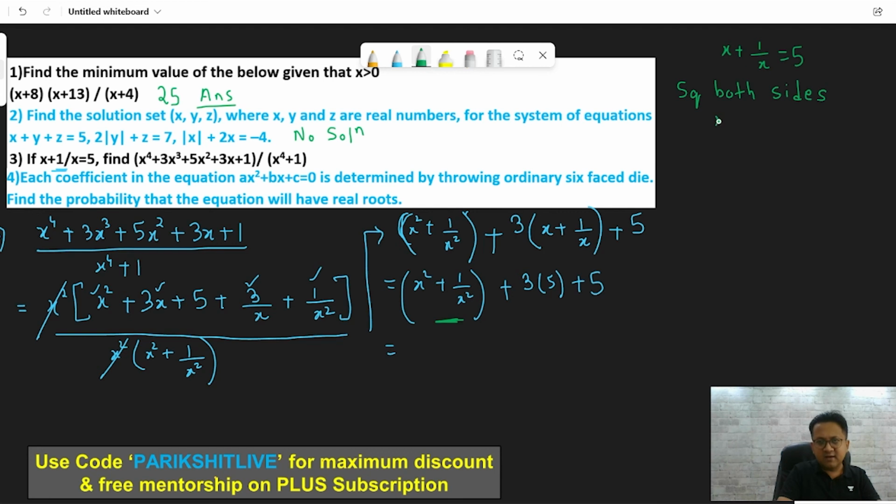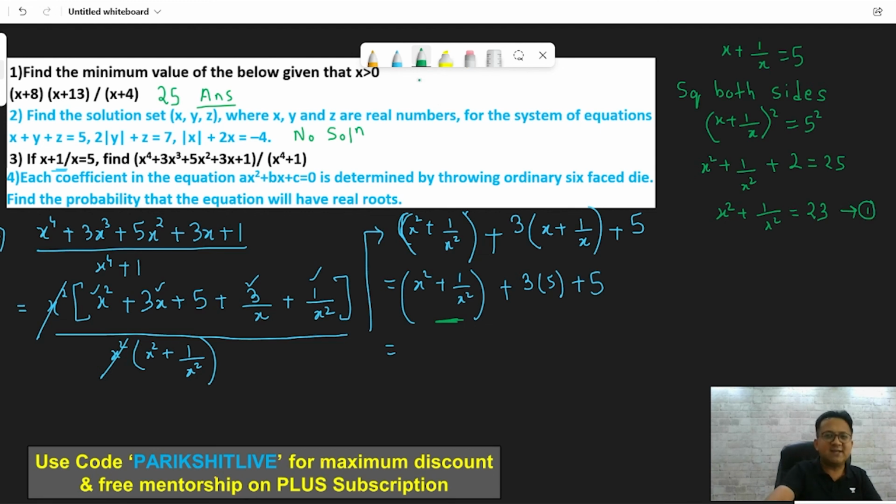You get x plus 1 by x whole square is equal to 5 square. So x square plus 1 by x square plus 2 is equal to 25, or x square plus 1 by x square is equal to 23. Let's call it equation 1.